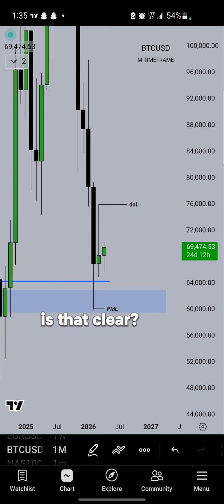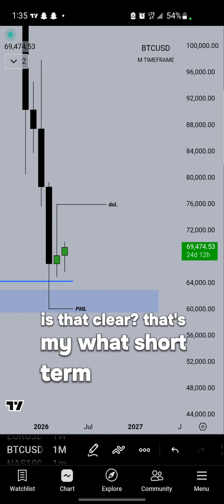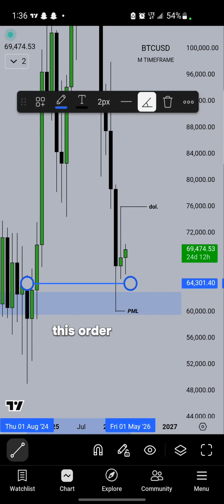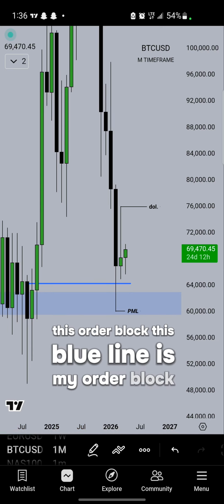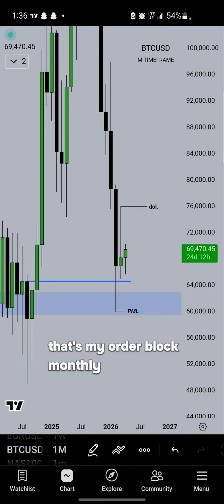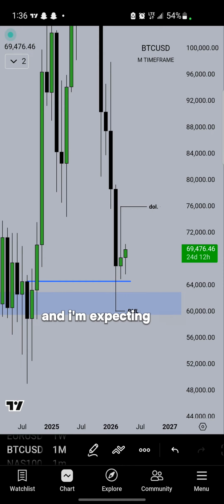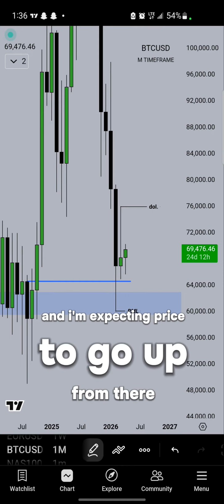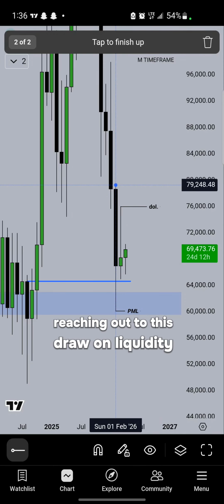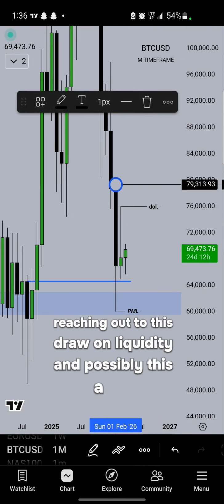Is that clear? That's my short-term draw on liquidity. Now mind you, this blue line is my order block, my monthly order block, and I'm expecting price to go up from there, reaching out to this draw on liquidity and possibly this FVG.